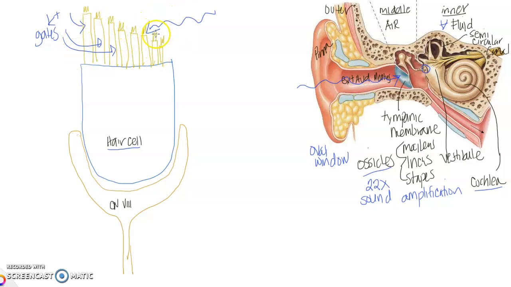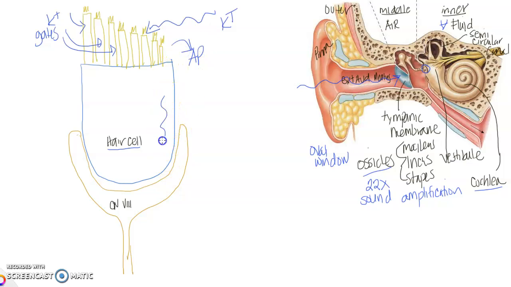We're in an area filled with endolymph and perilymph, which has a different ionic consistency than what normal cells sit in. This fluid is full of potassium. So when those potassium gates open, potassium flows in, and that causes an action potential.